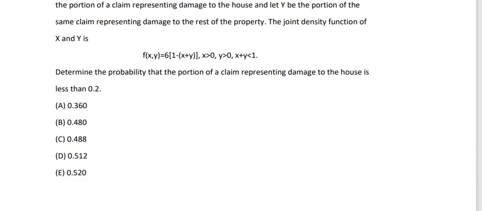For this problem, we need to determine the probability that the proportion of a claim representing damage to the house is less than 0.2. So this is x and y.